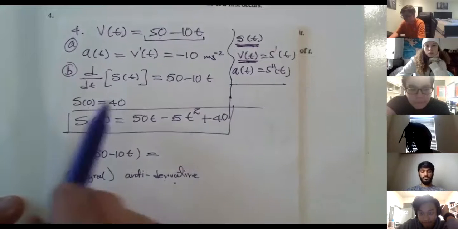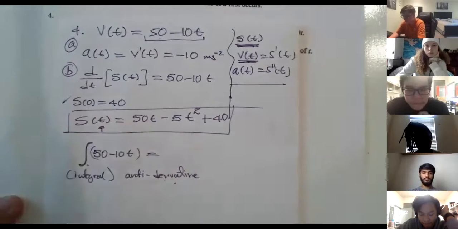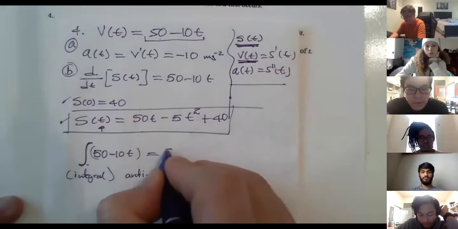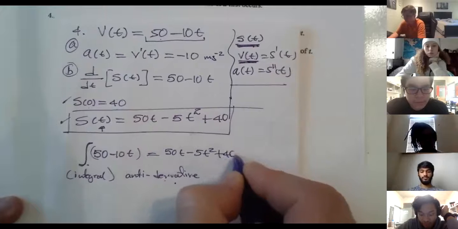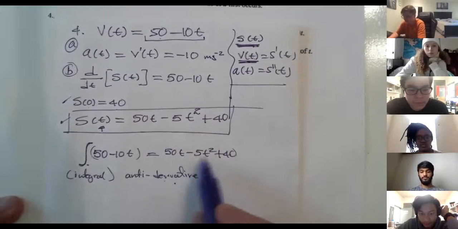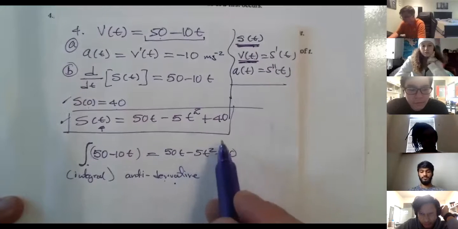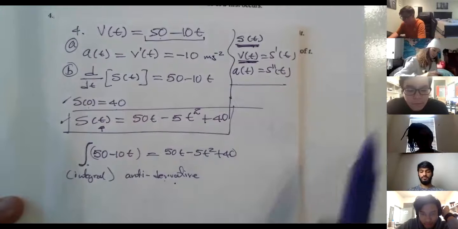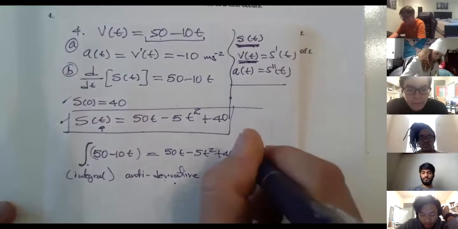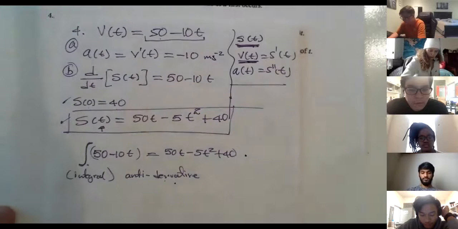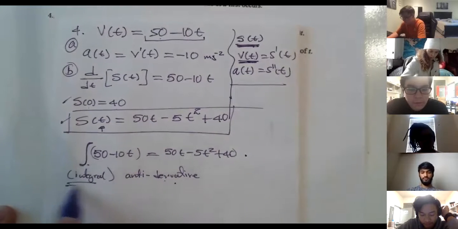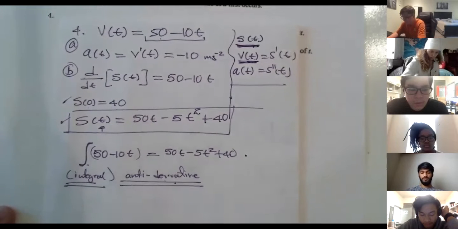So when we integrate, we find the antiderivative. In this case, using the initial position and what we just did together, the antiderivative is 50t minus 5t squared plus 40. You can organize this in order, like negative 5t squared plus 50t plus 40, okay? So when we move to the next section, that's what we're going to be doing, integration or finding antiderivatives.